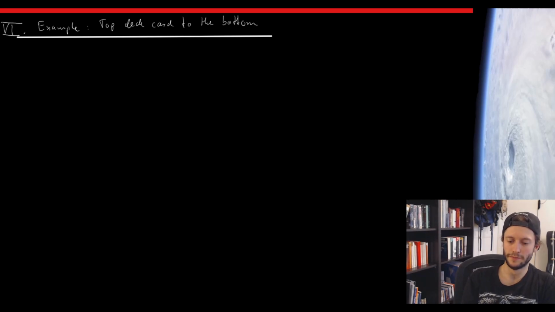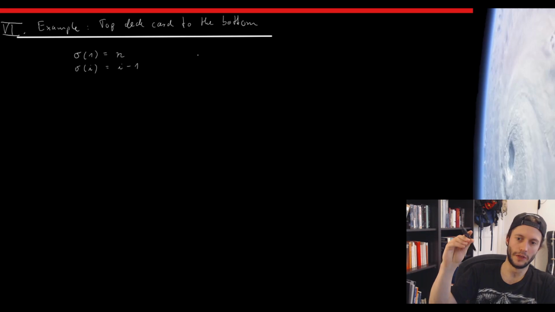Okay, so what's the example? Well, I wrote it down there already: sigma of 1 equals n for n cards, and sigma of every other card equals the card before, right? Because the first card, let's say the first card is the 1, becomes a 2.